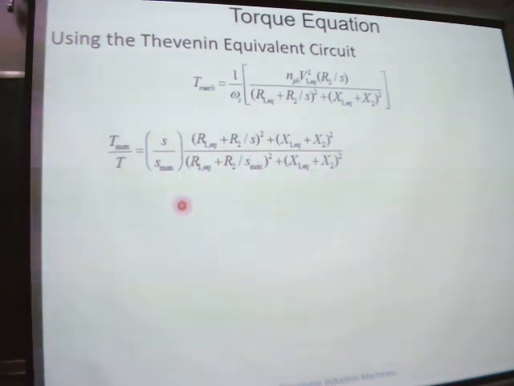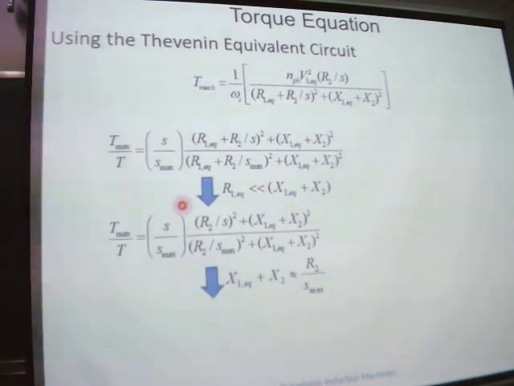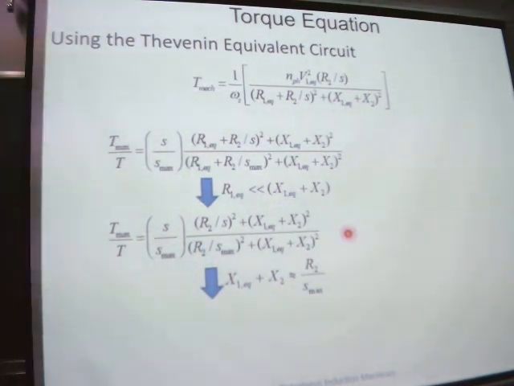Since R1 EQ is too small, we can get from this equation to this equation. It's simplified, and then we can rewrite this equation shown here.